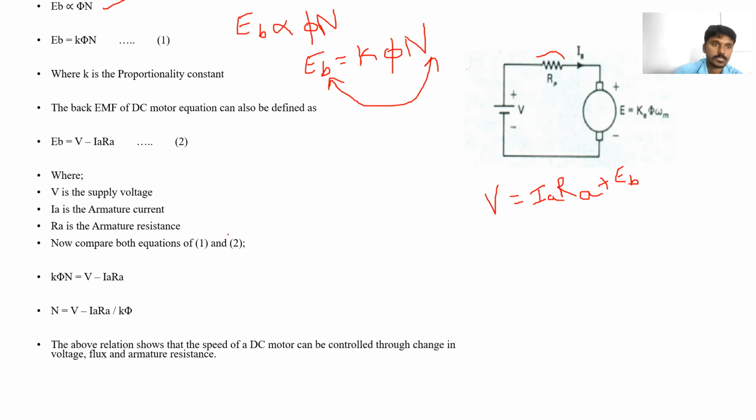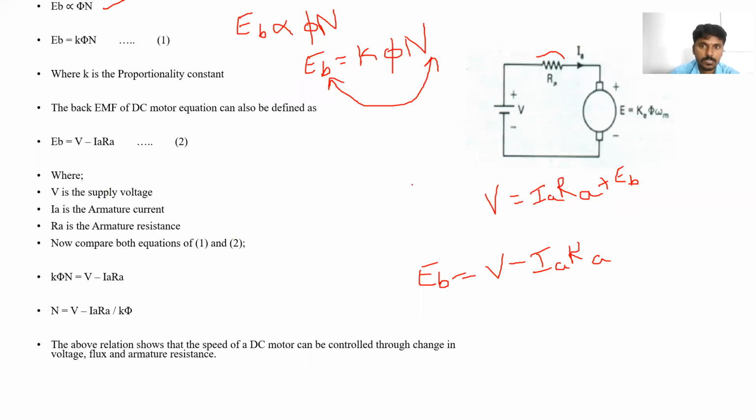Okay. Next, from this equation what we can write? EB is equal to V minus IA RA, right answer. Like the same way we can do the basic analysis of the DC motor.